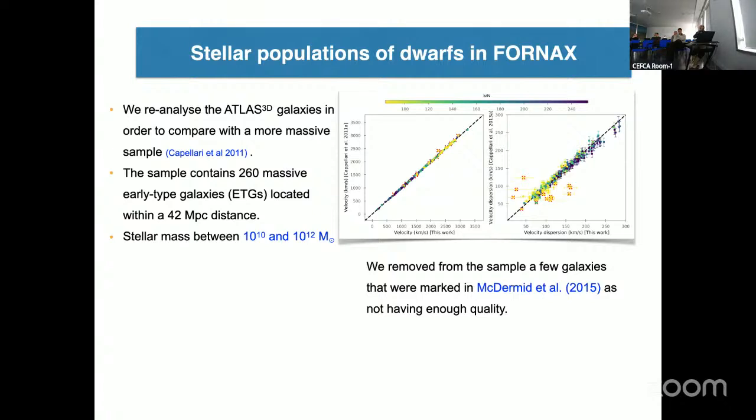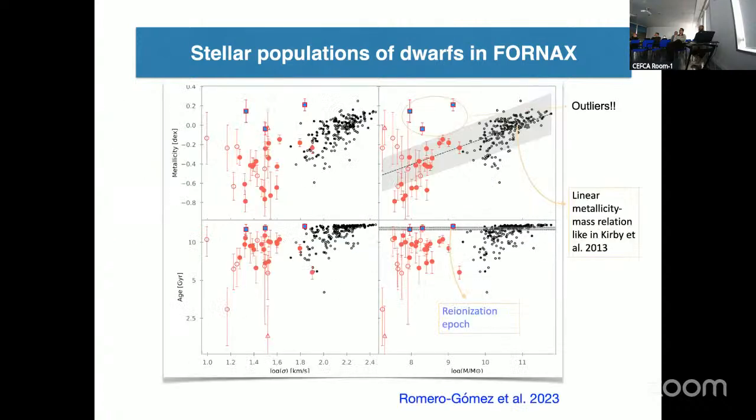Then with the same methodology, we computed the velocity and the velocity dispersion, and we compare with the analysis that the Atlas group did for these galaxies, McDermott et al. 2015. And these are the results that we obtained fitting the spectrum.